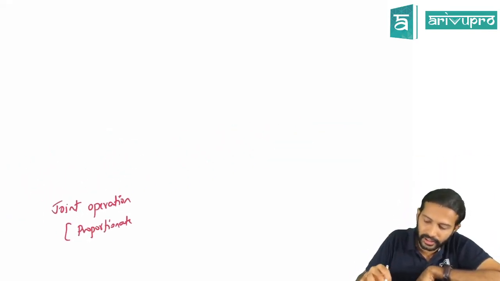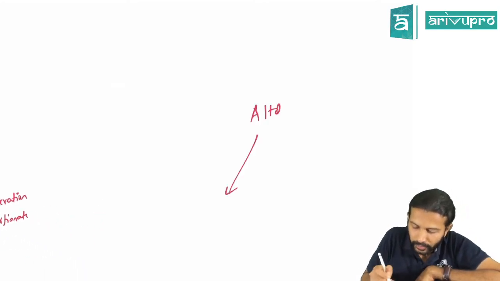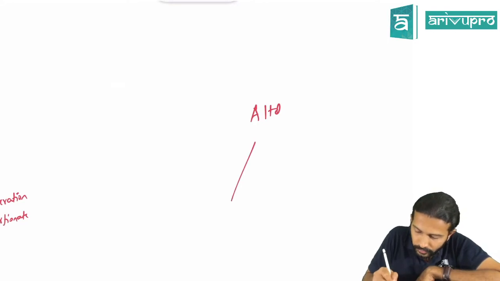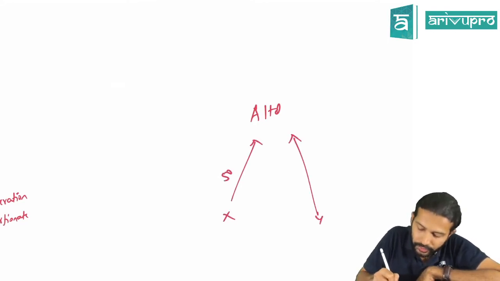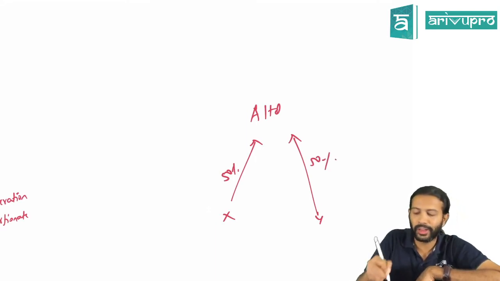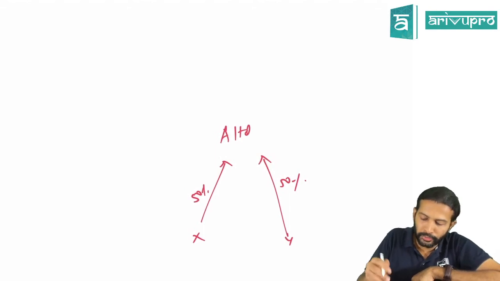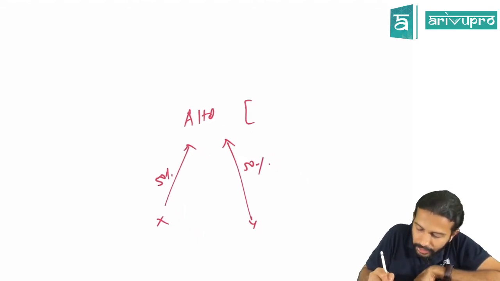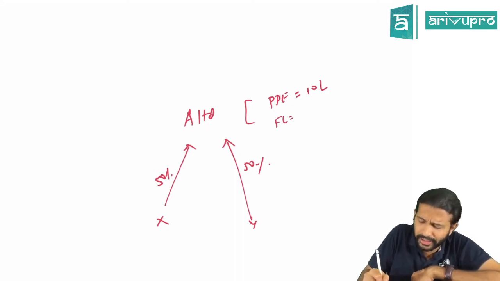Let's say a new venture called A Limited was formed. X came in, Y came in. X has 50% control over this, and Y also has 50% control over A Limited. Now, let's say A Limited has some assets, a PPE worth 10 lakh, and some liabilities, let's say a financial liability worth 7 lakh rupees.